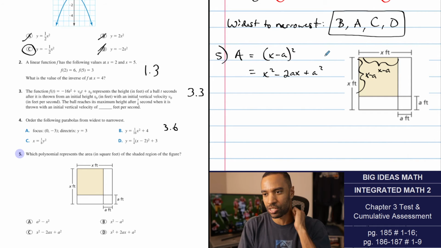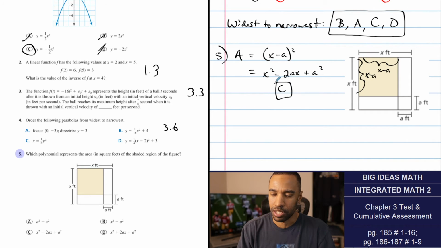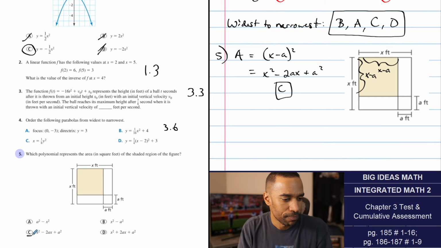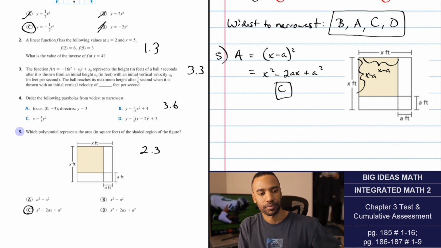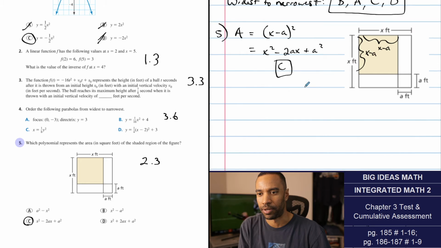That's looking like C, C being that answer. Now that section would have been out of chapter 2, probably 2.3, I'm going to guess, because that's special cases of things being a square. That's my guess for number 5.